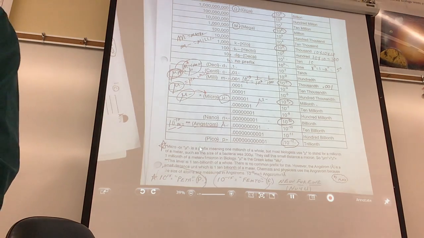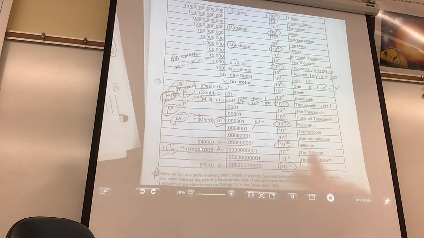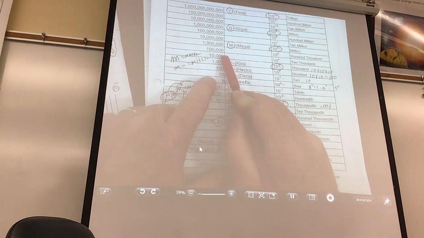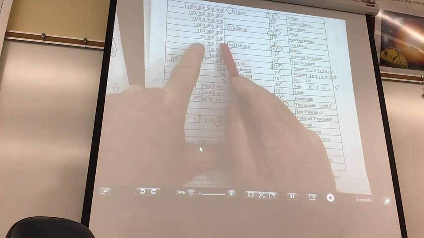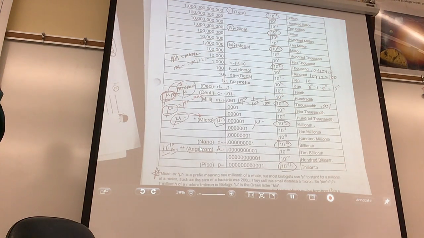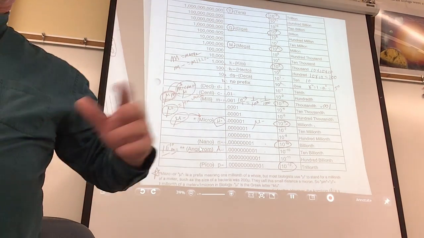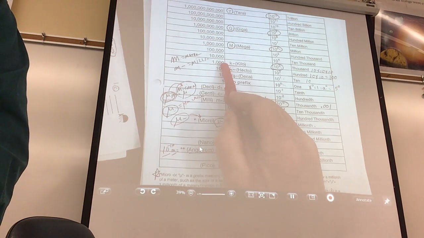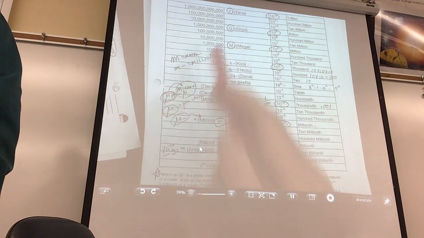Okay. Let me show you something else about this chart, a little leftover stuff. This is called 1, 10, 100, and then I go back to 1 again. 1,000, then 10,000, then 100,000, and this has to be 1,000,000. It has to be. It's a pattern, isn't it? It is. A million is 1,000,000, isn't it? Think about it. It has to be 1,000, 10,000, 100,000, 1,000,000. It is.